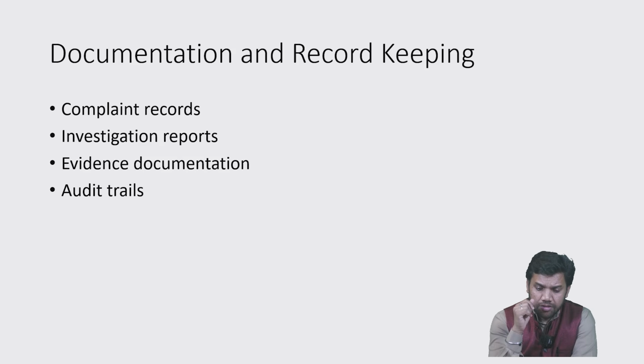This includes details of the complaint, the reporting date and the initial assessment. Each and every piece of information, the minute details related to the complaint, must be recorded in the organization.